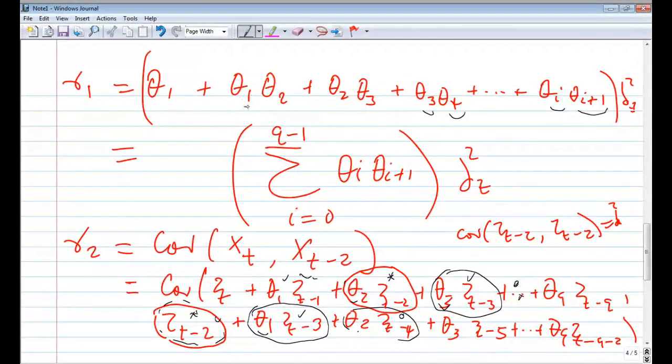That if you check theta 1 here and theta 1 here, here's theta 2 here and theta 3 here. So here's theta 3 here and theta 4 here. So if here we just write theta i, the next one is going to be theta i plus 1. Or maybe you don't want i, you just use what? K. Okay. Or J. Let's use J. J here is going to be J plus 1.